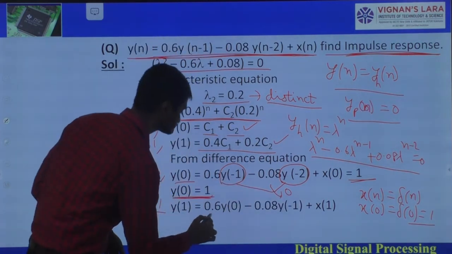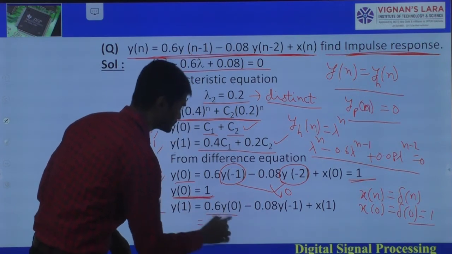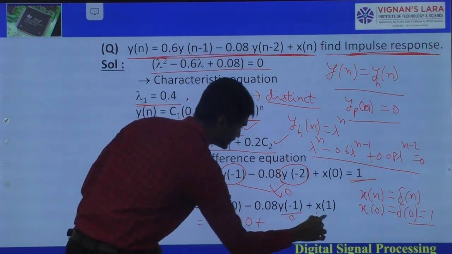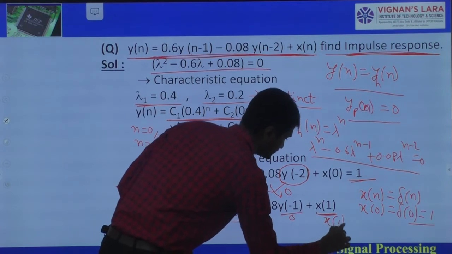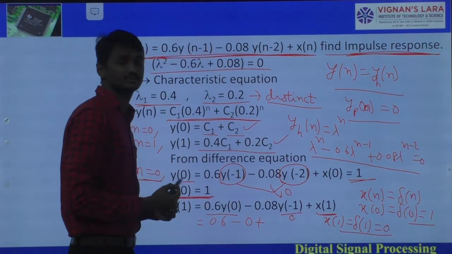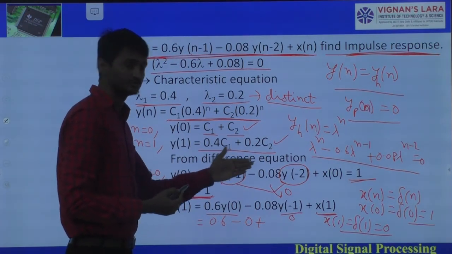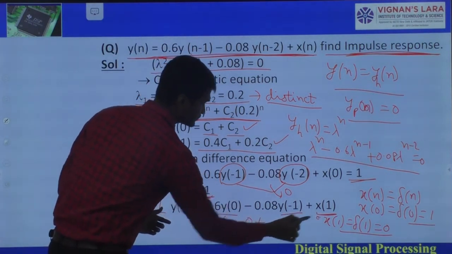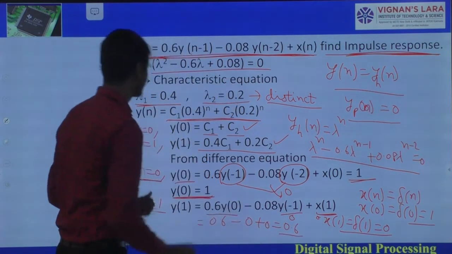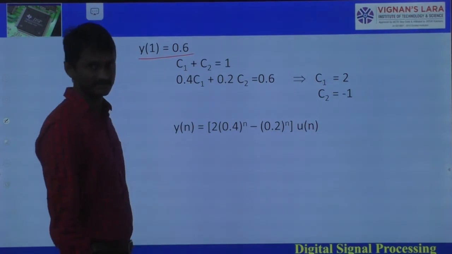So here this is 0.6, because y of 0 is equal to 1, minus 0 plus x of 1. x of 1 is nothing but del of 1, which is equal to 0, because the impulse function is defined only at n equals 0. So this value is also 0. So y of 1 is equal to 0.6.